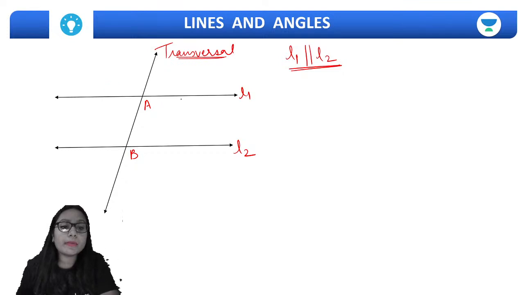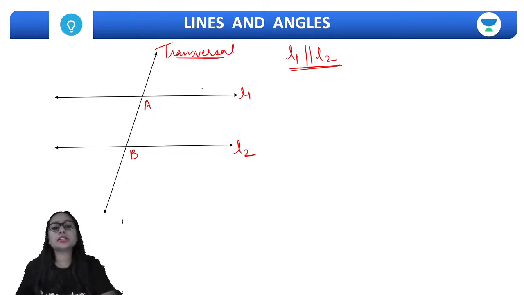Now, can you tell me how many angles are formed when a transversal cuts a pair of parallel lines?